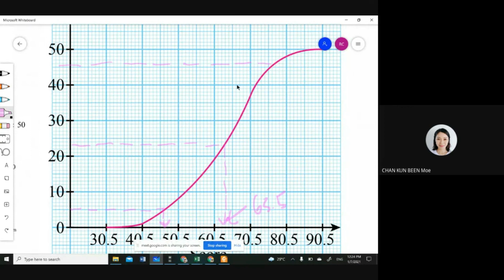So we have to choose the one exactly in the middle. Sorry, my line already moved out of direction. Here. So from here, you read it as 71.5, 72.5, 73.5, 74.5, 75.5, 76.5, 77. That is how we get 77 over here.